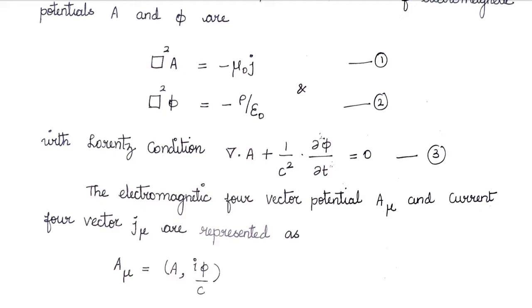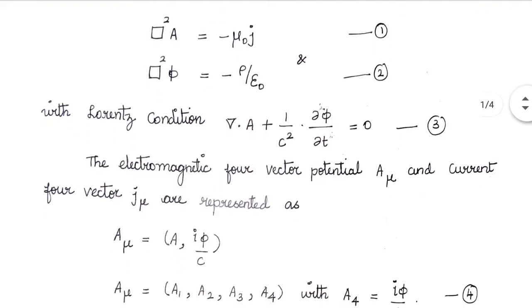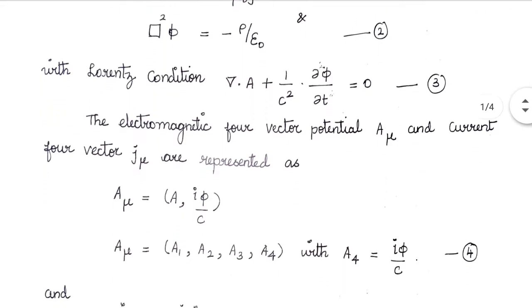Now let us write the electromagnetic potentials A and the current vector J in terms of the four vectors. In terms of the four vector, the electromagnetic potential, the vector potential, is represented by A mu and the current vector is represented by J mu.